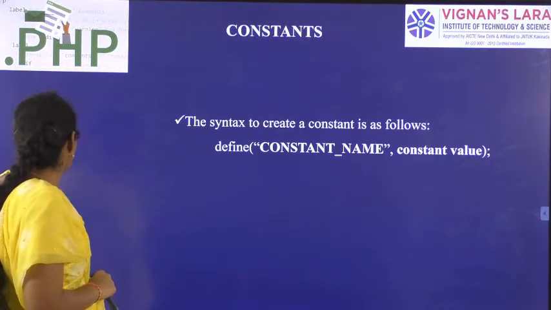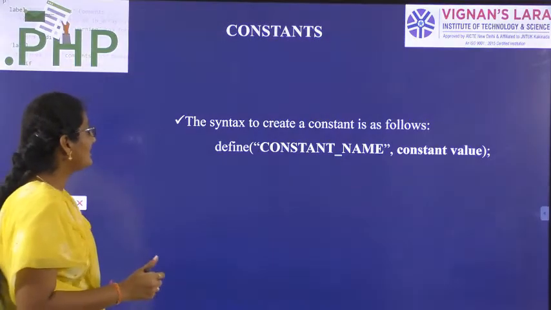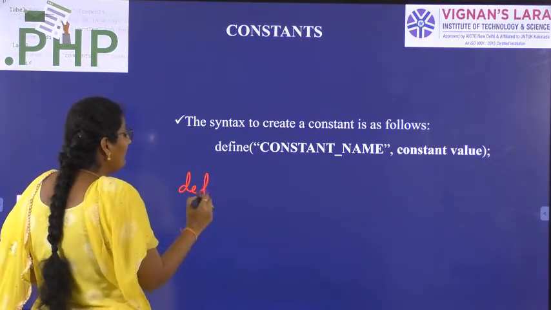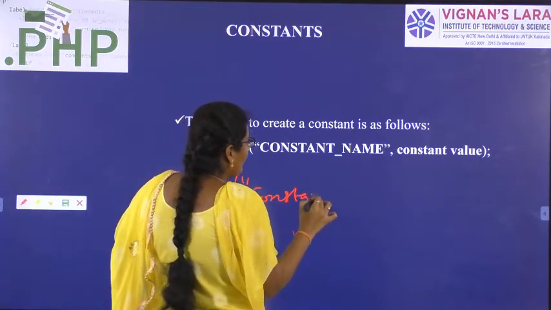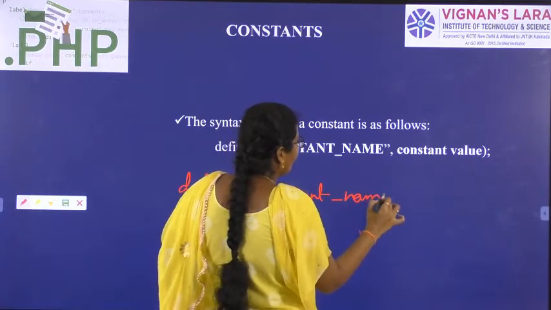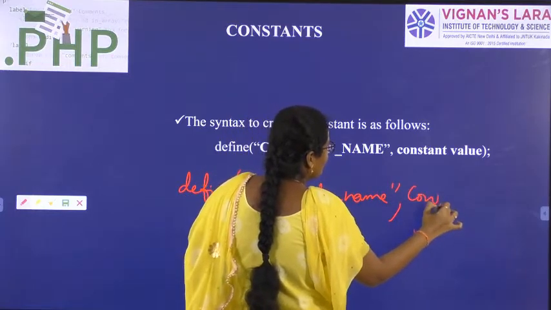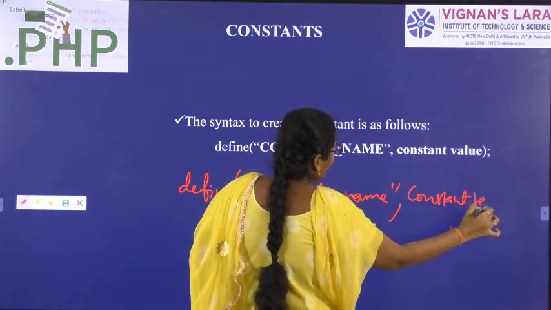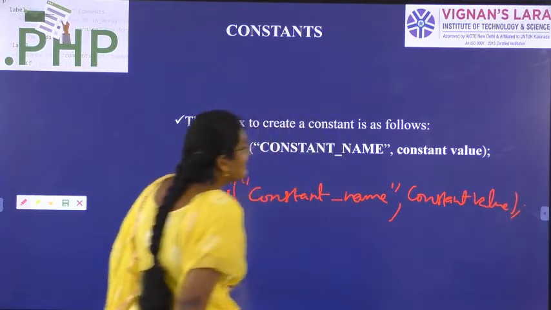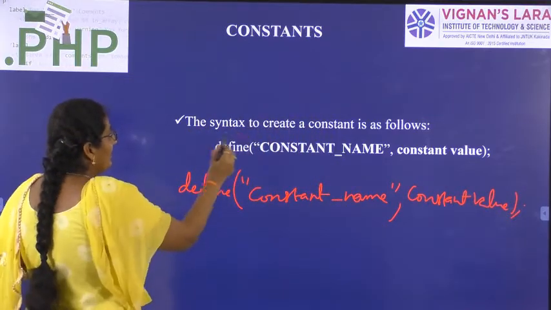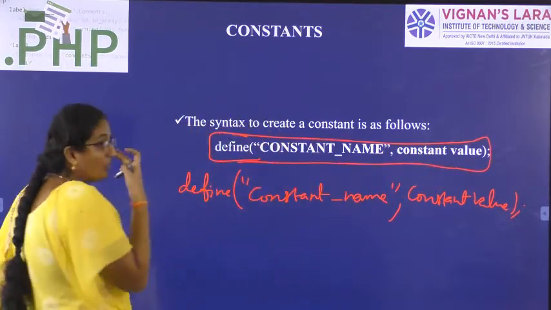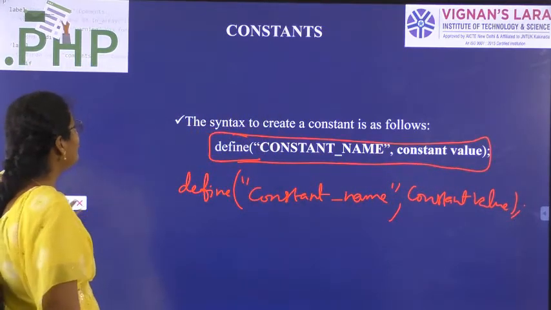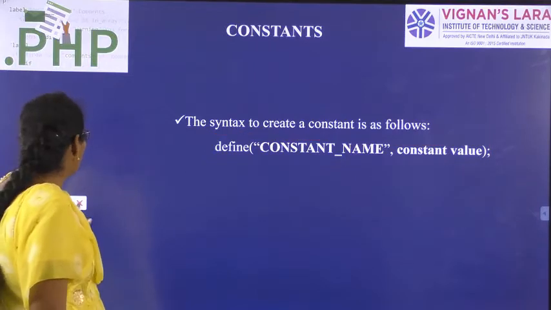So let us see what is the syntax we have for constants. Define, double quotations, constant name, comma, constant value, semicolon. This is the syntax for constants. Define constant name and constant value in double quotations and semicolon. This is the syntax for creating a constant.